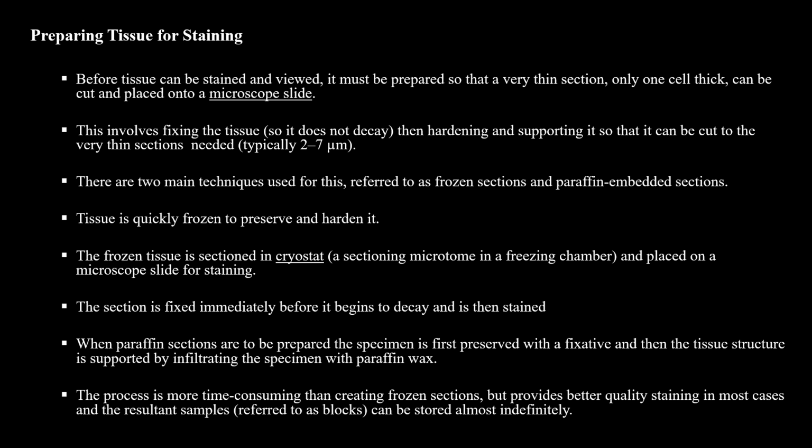Pigment first prevents the fixative from affecting structure, to support the unfiltered pigment, in the paraffin phase. The process is more time consuming, creating paraffin sections, which prevent a better quality stain in most cases, and the reduced sulfonation sample can be restored almost infinitely.